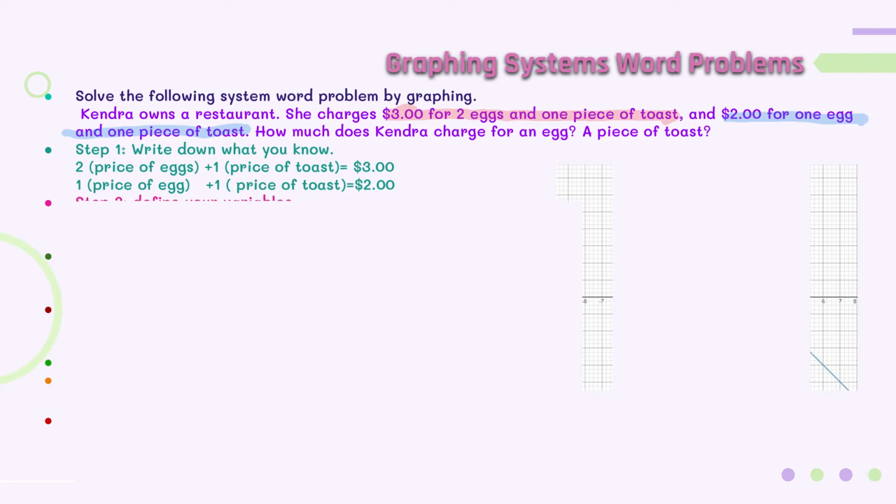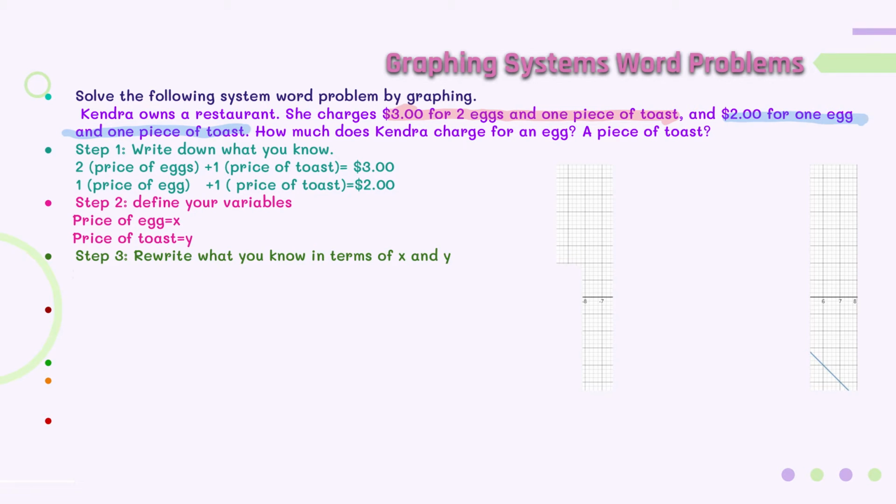The next step is to define your variables. I define my x as the price of an egg, and my y as the price of toast. Step 3 is to rewrite what you know in terms of x and y. I just took what I wrote and put it in terms of x and y.